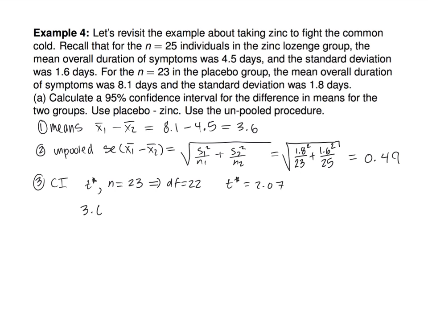So we have 3.6 plus or minus 0.49 times 2.07. The order doesn't matter because of multiplication. What's 0.49 times 2.07? 1.01. So I got 2.59 to 4.61. Does that seem legit?